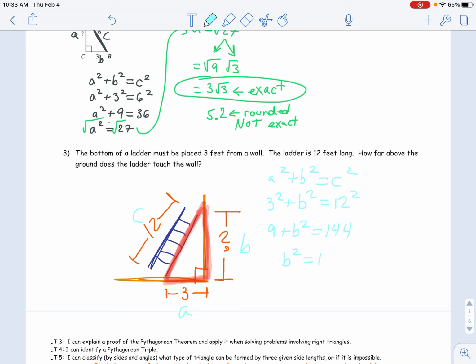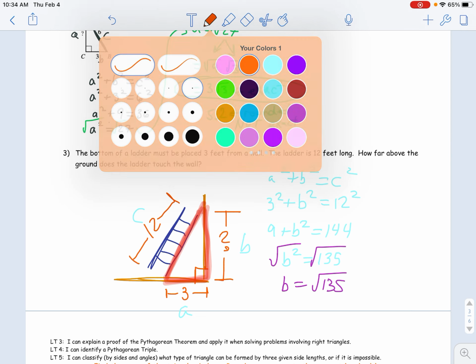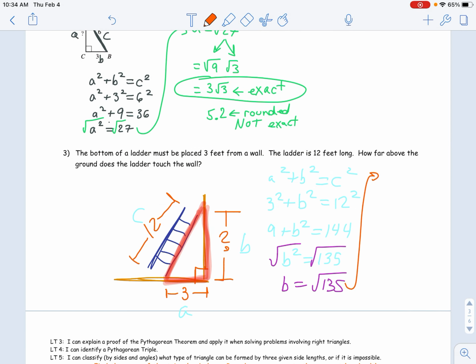B squared equals 135. So doing the square root of both sides, we get B equals the square root of 135. Now, if I have B equals the square root of 135, we'll practice getting an exact answer.